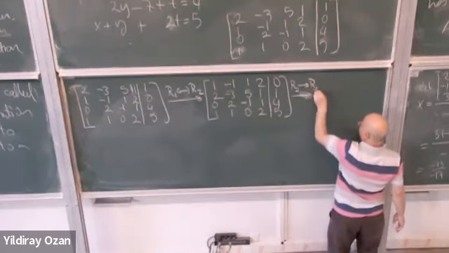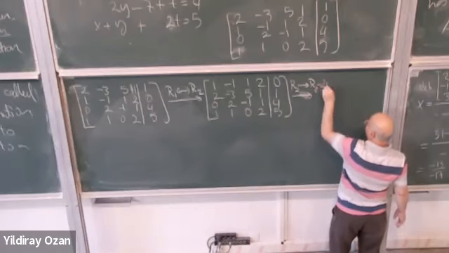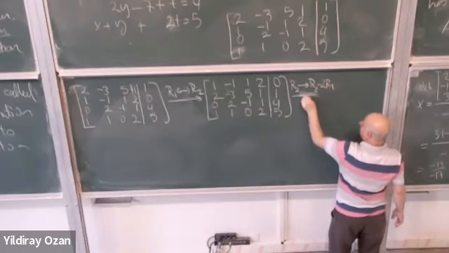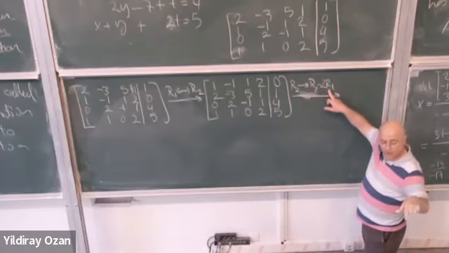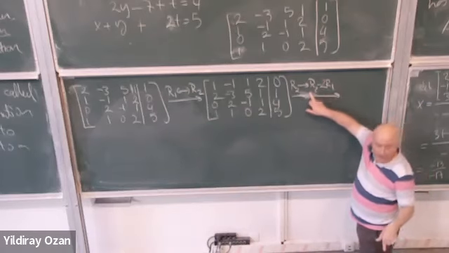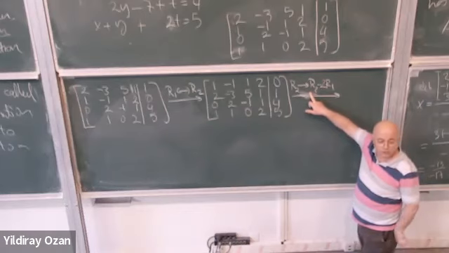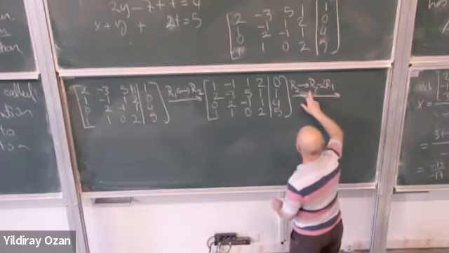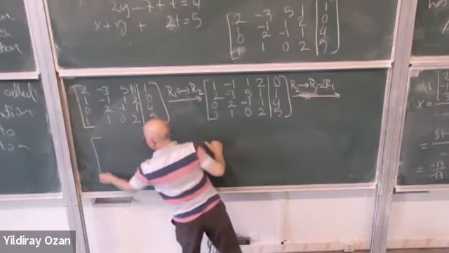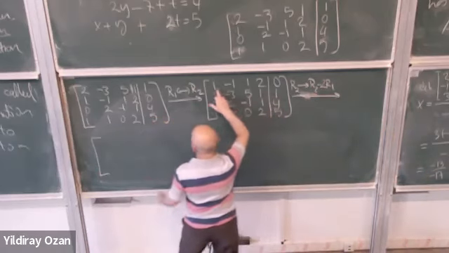Second row minus 2 times the first row. So I multiply the first row with minus 2 and add to the second row. So the first row doesn't change.